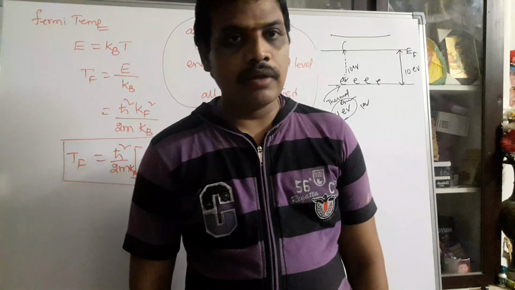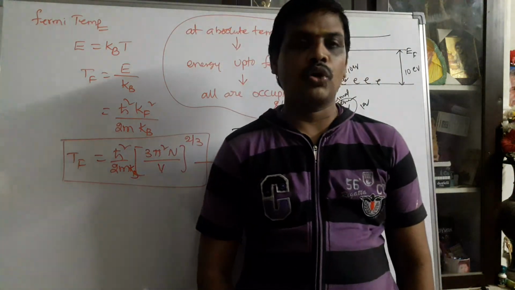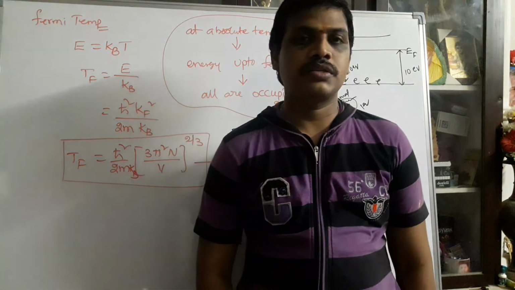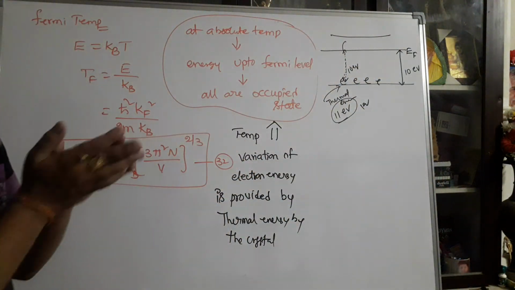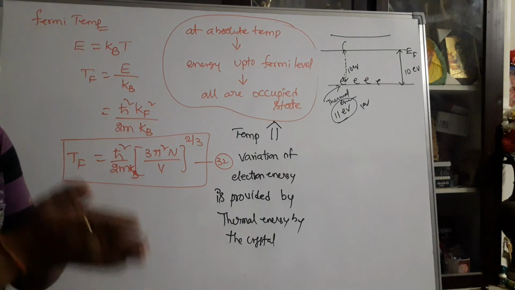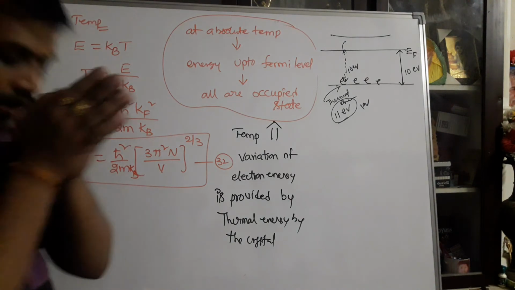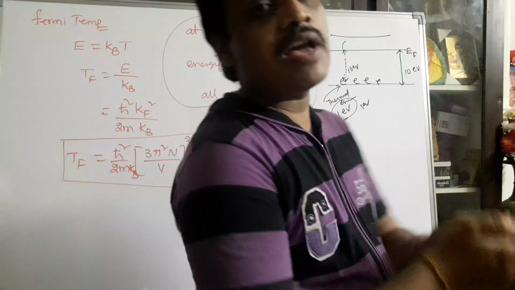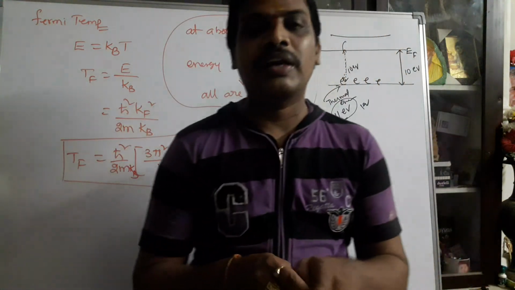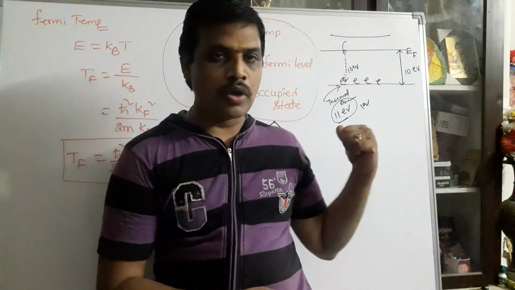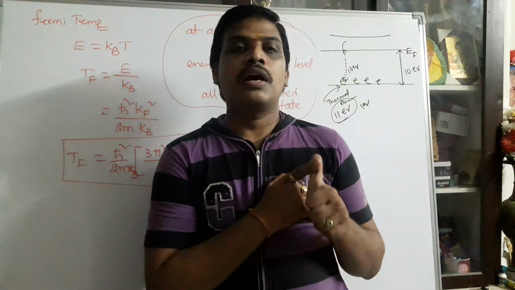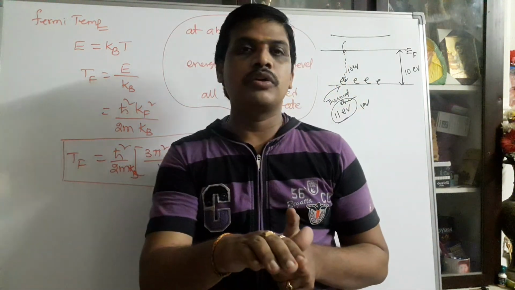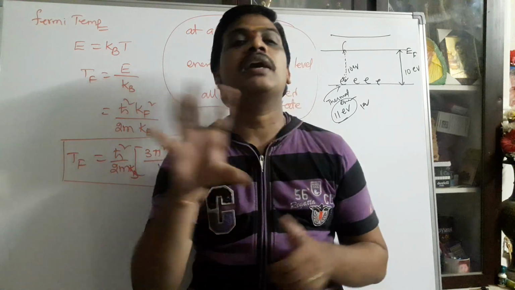Why are we introducing the next topic, Fermi-Dirac statistics? Up to this point, you have been explaining how electrons are filled at absolute temperature, and below it, very clearly.